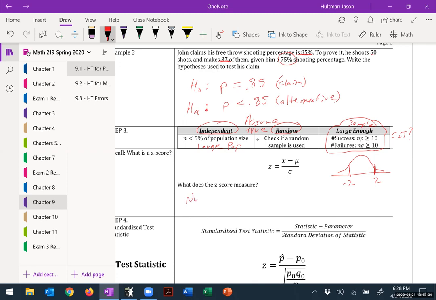Well, it's the number of standard deviations away from the mean. It's the number of standard deviations away from the mean.